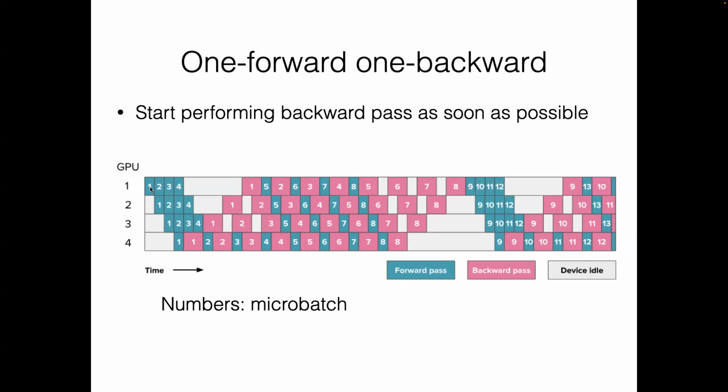Then you can see here that micro batch 1 can complete, and you can start doing the backward pass for it while the other GPUs are still finishing the other micro batches. Then after it completes this backward pass, this one can start computing micro batch 2.